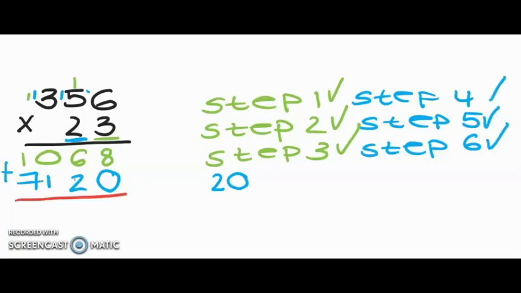Let's do the addition calculation. 8 plus 0 will give you 8. 6 plus 2 will give you 8. 0 plus 1 will give you 1, and 1 plus 7 will give you 8. Therefore, 356 multiplied with 23 will give you 8,188. This question is so easy if you follow these 6 steps.